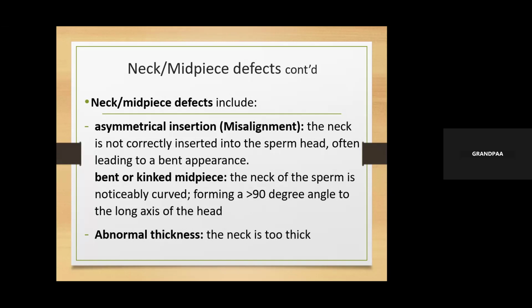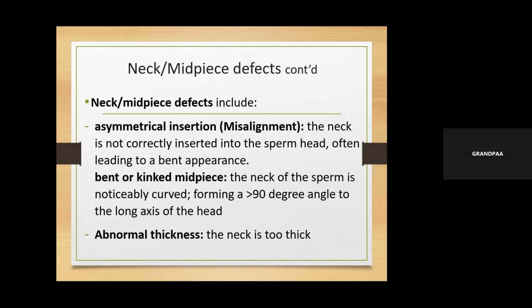Here we're talking about the neck and the mid piece. It should be of even thickness. Sometimes you can have abnormal thickness, maybe too thick. When it's so thick, most probably you have excess residual cytoplasm.